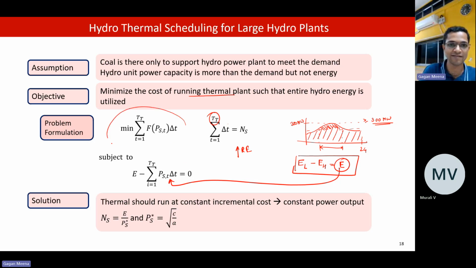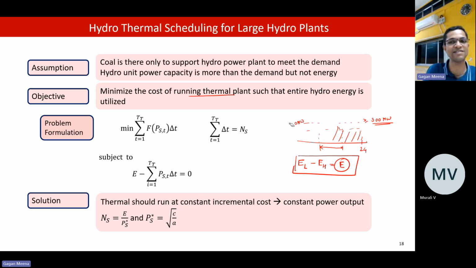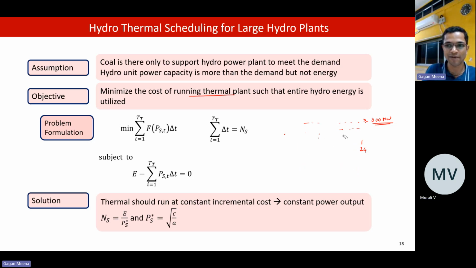So here this is the objective function, and we are subjecting it to this constraint. We can write the Lagrangian function and differentiate. Then we will find what should happen for the optimum. The thermal generator should run at constant incremental cost.